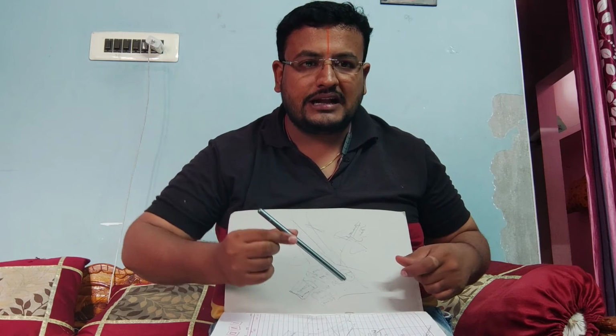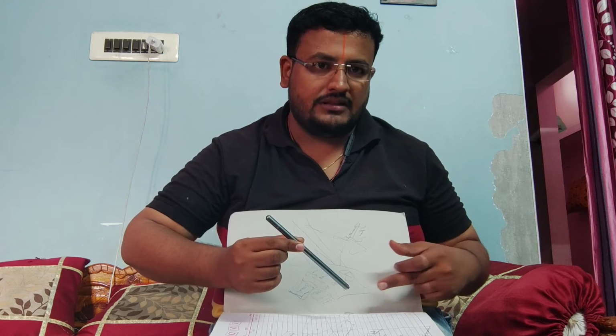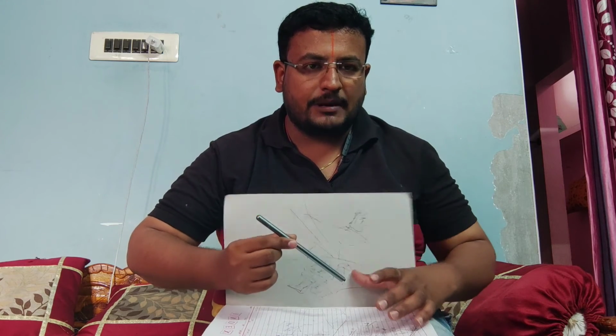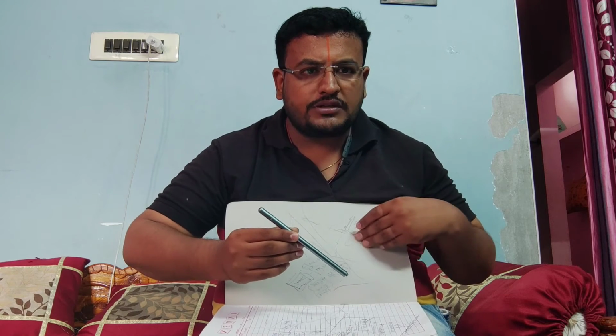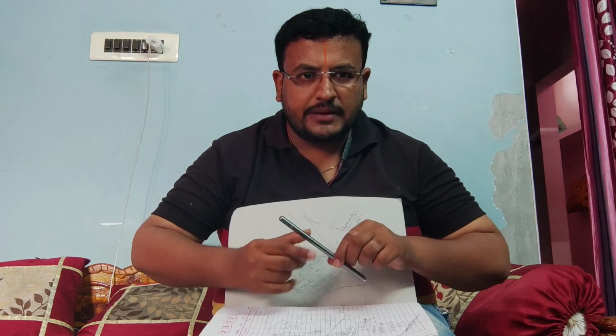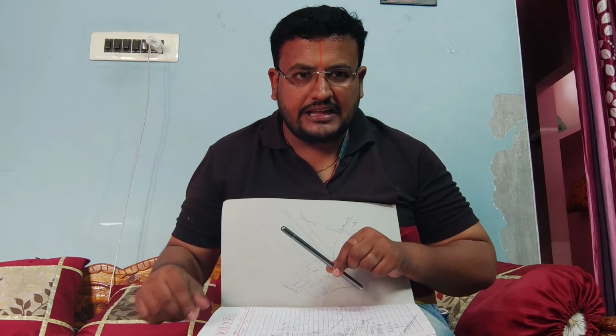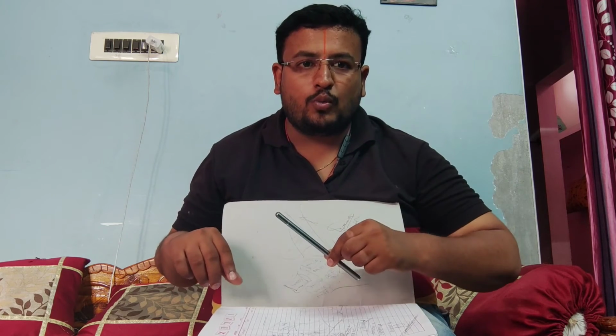Now you can say that the line is neither perpendicular to HP nor parallel to HP. What is the position of the line now? With reference to this horizontal plane, it is making some angle of inclination. That means this line is inclined to HP and parallel to VP.